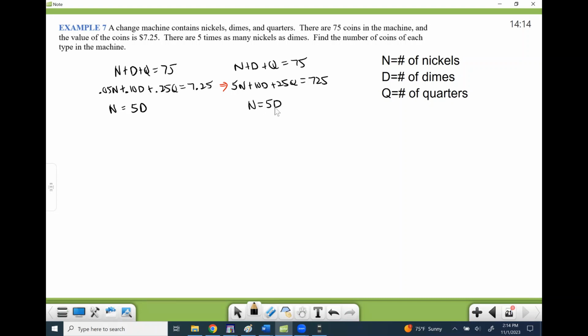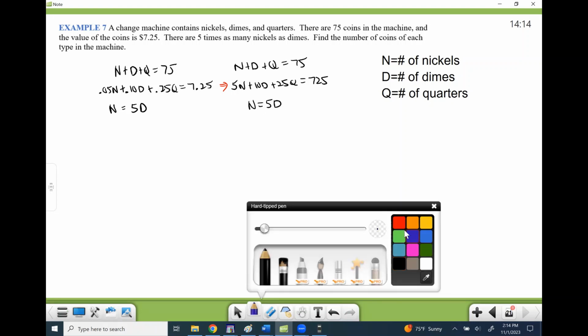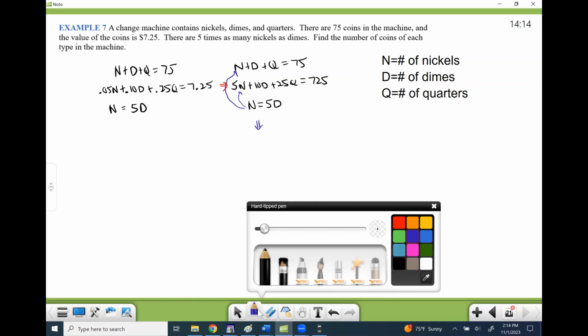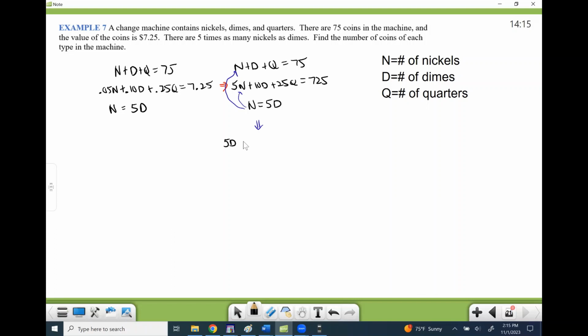Why not, right? Okay, so I'm going to go ahead and substitute in for the N here and the N here a 5D. So what we're going to end up having is, let me do the first equation. So 5D instead of the N plus D plus Q equals 75.